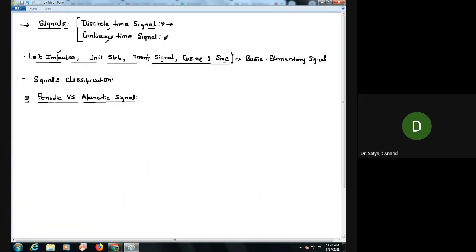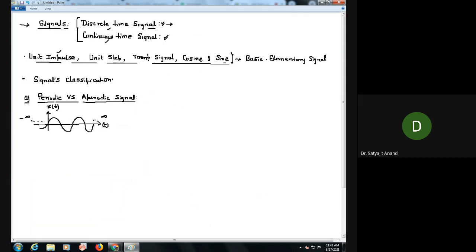Suppose, for example, this is my signal, consider a sine shape. Here the dependent variable is x and the independent variable is time t, and it goes from minus infinity to plus infinity this way.